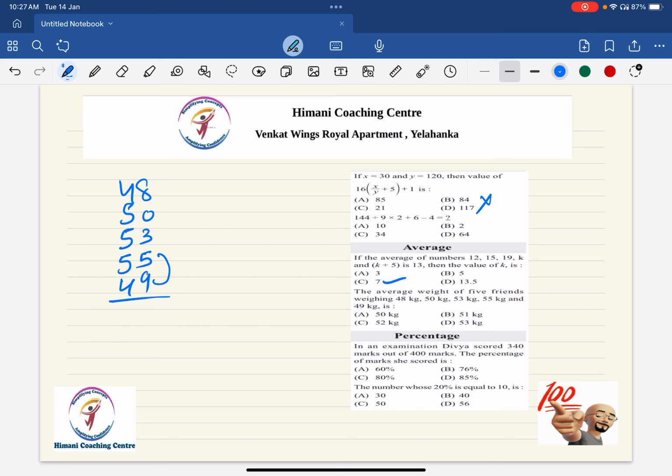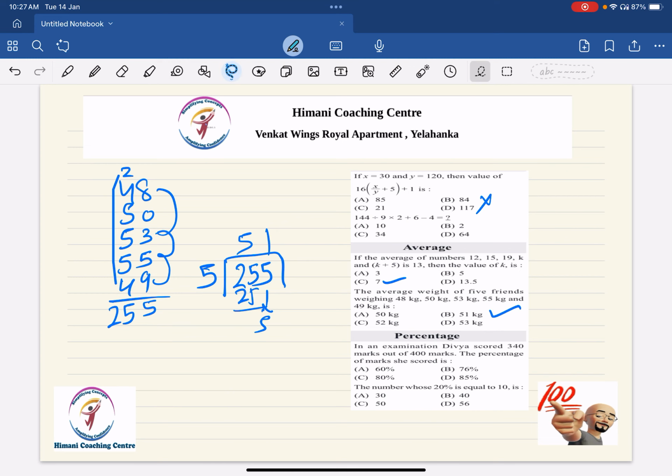Okay, so 9 and 5 is 14, 14 and 3 is 17, 17 and 8 is 25, 2 carry over, 2 and 4 is 6 and 5 is 11 and 5 is 16 and 5 is 21 and 4 is 25, and there are 5 of them. So what should we do? Sum divided by number of observations. So 5 fives are 25, then comes 5, 5 ones are 5. So 51 kg is the answer.